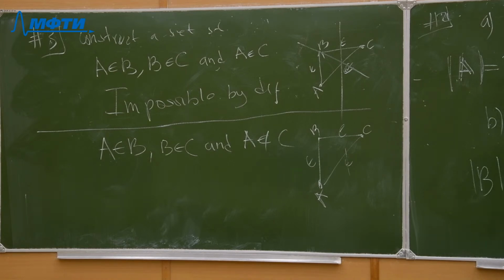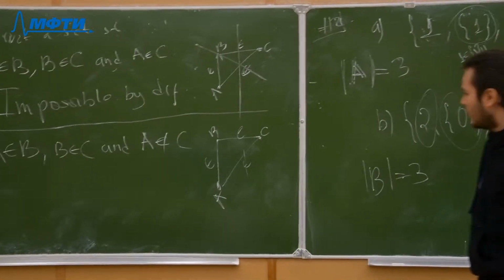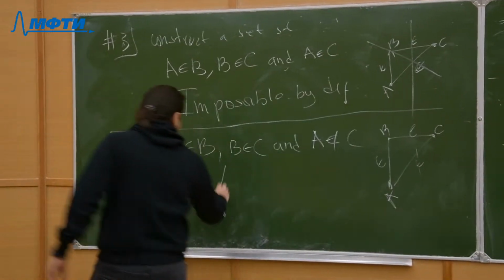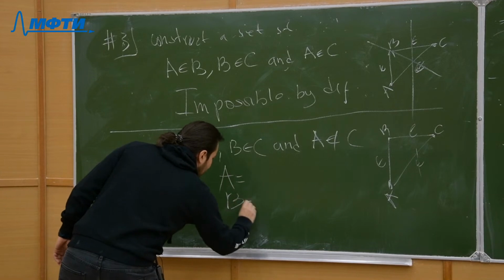What kind of sets? I mean, is it possible to build this? Yes, it's possible, and that's it. There's nothing forbidden here for us. Now, what kind of sets should A, B, and C be? This cannot be just any sets. It has to be some defined sets here. So who can tell me what kind of sets should A, B, and C be?